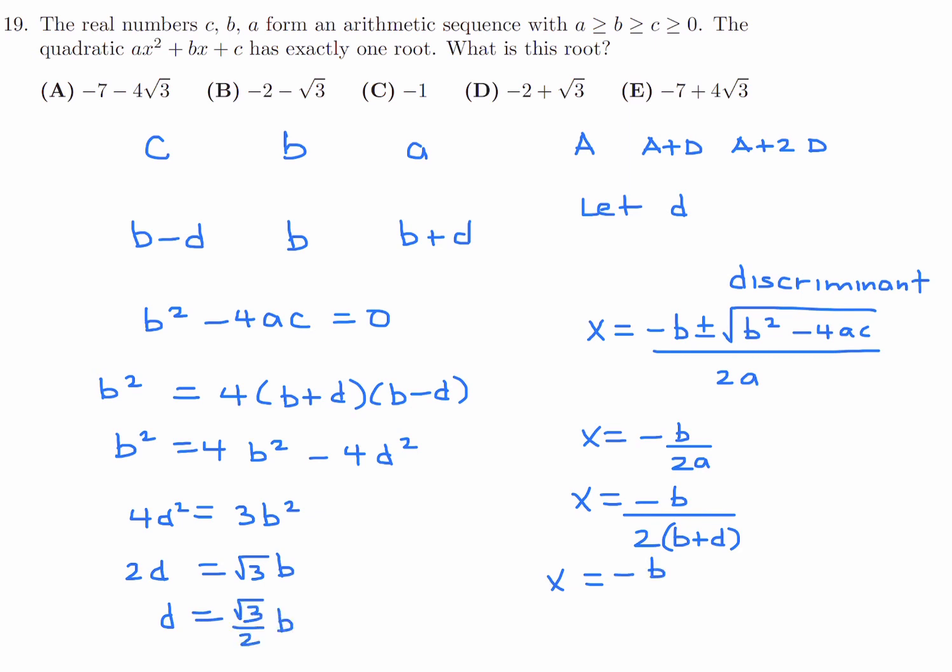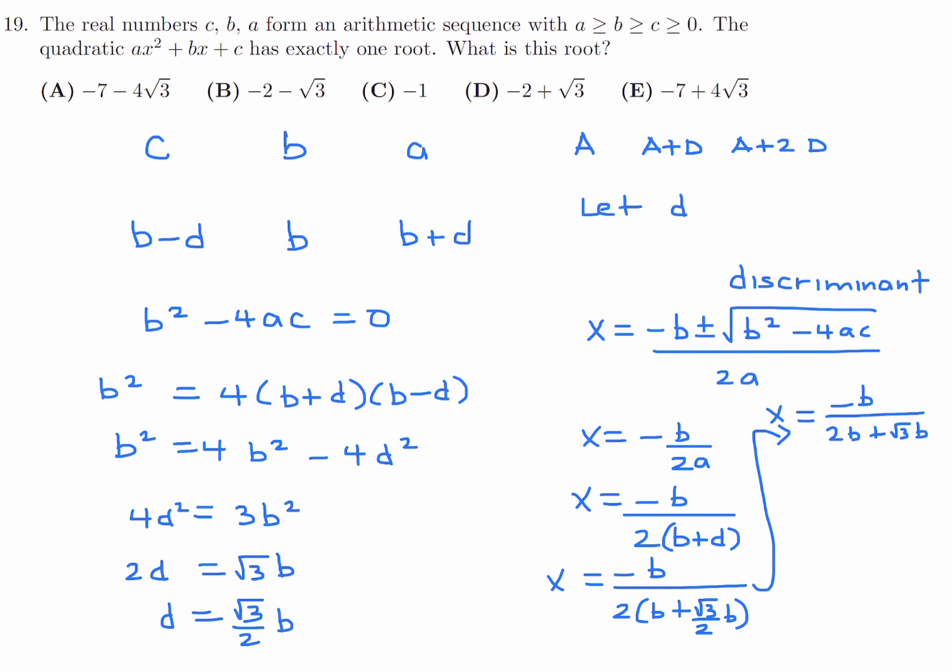So that means this becomes minus b over 2 times b plus root 3 over 2 b. And continuing, that means x will be equal to minus b over 2 times b plus root 3 b.